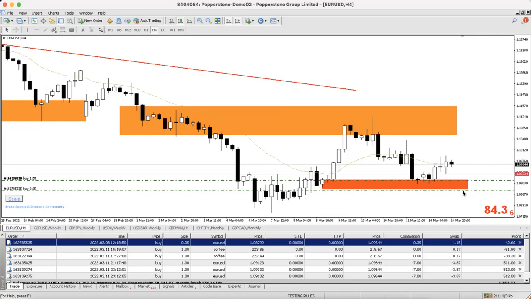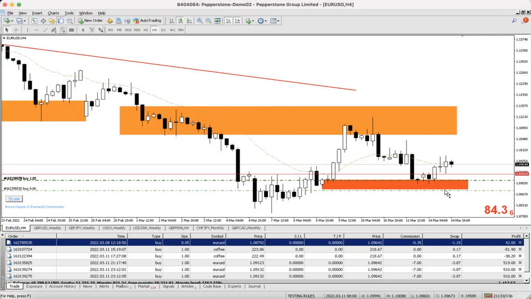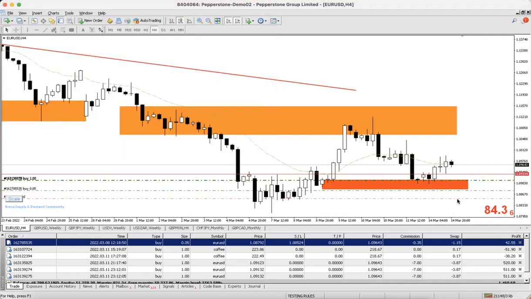I'm going to move my stop loss only if you are interested in doing swing trading. I'm going here, moving it here.